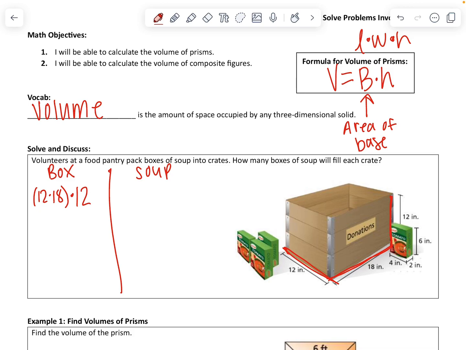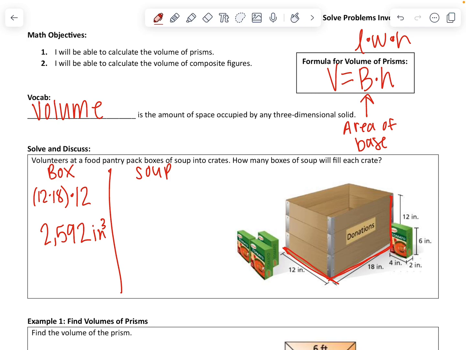So go ahead, put that in your calculator. 12 times 18 times 12 is 2,592, and that would be inches cubed. So that's how much space the box can hold.